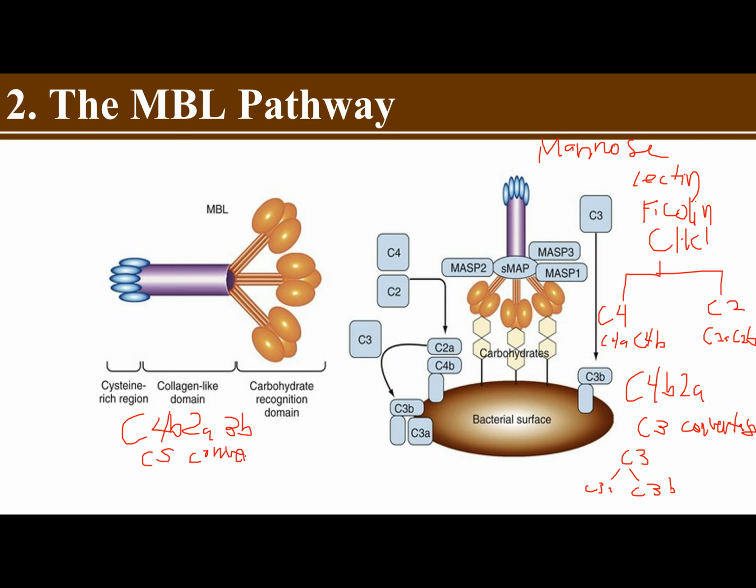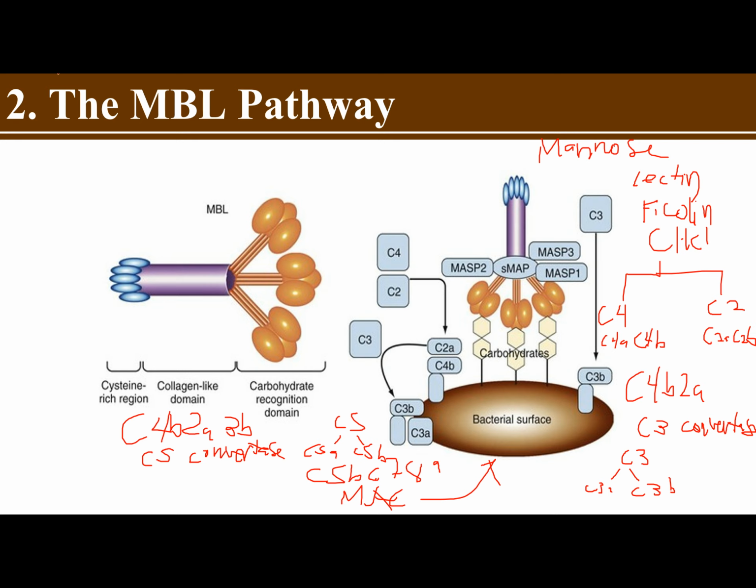Now, the C5 convertase would now act on C5, forming C5A and C5B. Now, C5B, class, would now further be attached with your 6, 7, 8, and 9. Then that would lead to the membrane attack complex, causing the destruction of your bacterial surface.